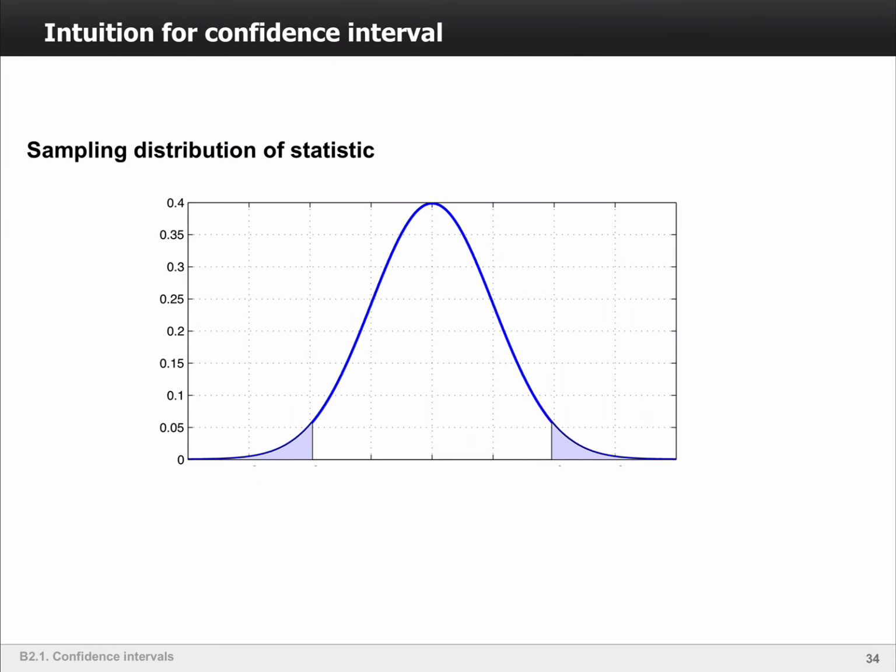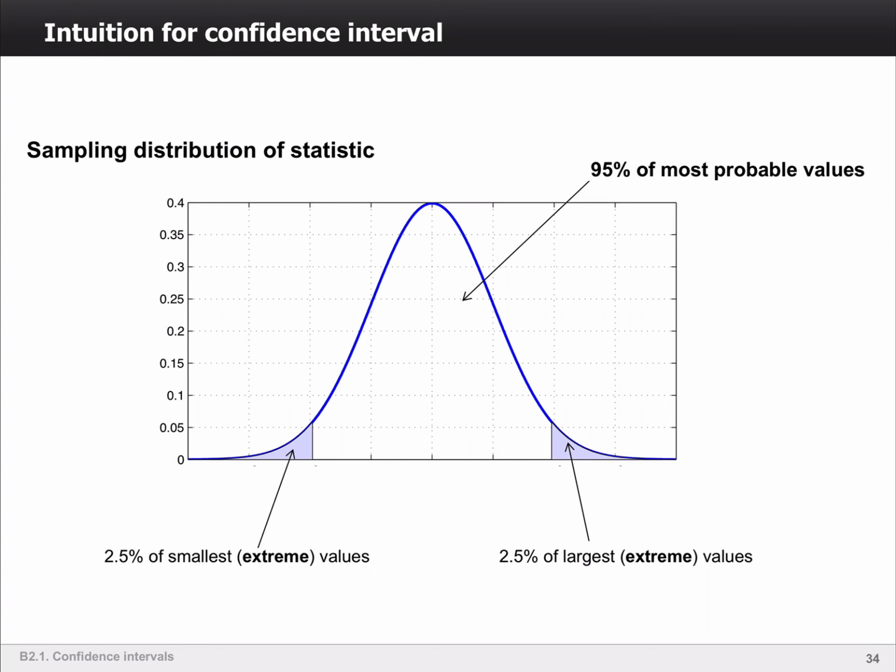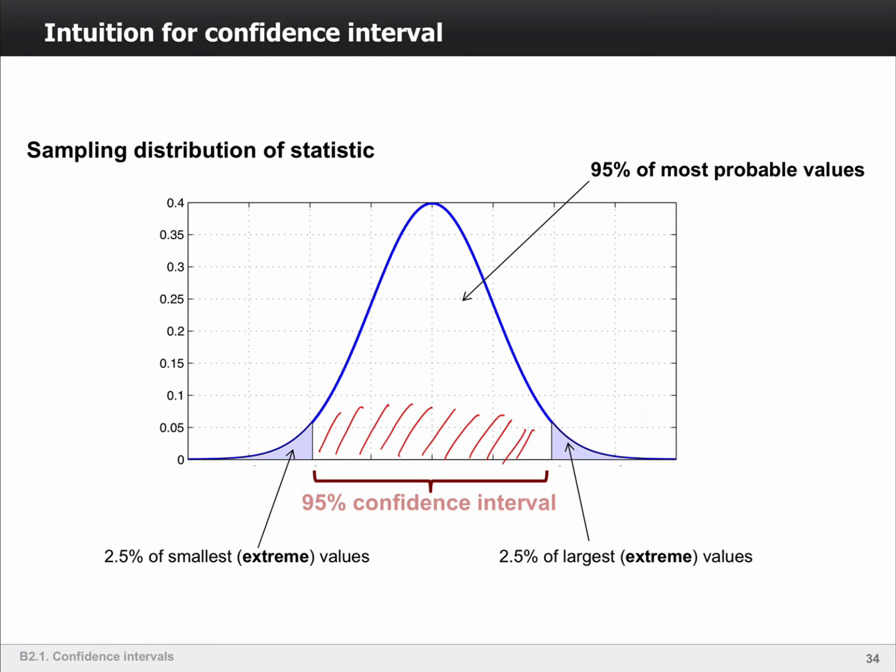Then, look, if we know the parameters of the distribution, that's the distribution, we get rid of the extremely large values, we get rid of extremely small values. So it means that the 95% of most common, most expected values will be located here. And that's our confidence interval, okay? The problem is that to make this curve, we need to know the parameters of this distribution, and these parameters should be calculated using only one sample.